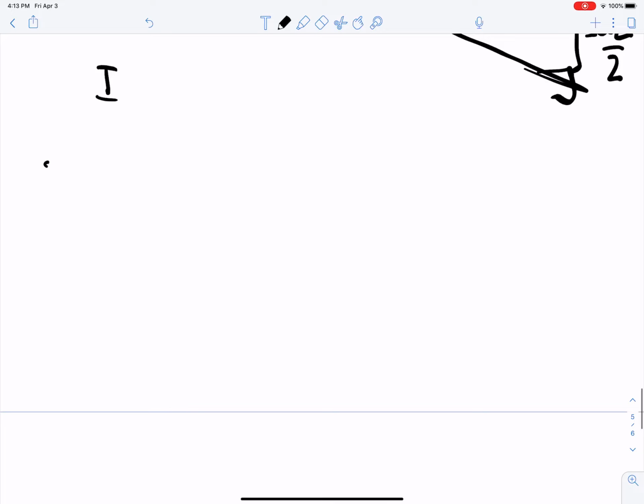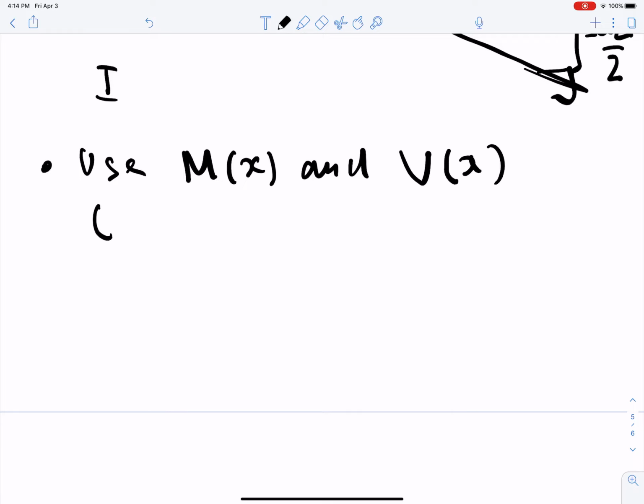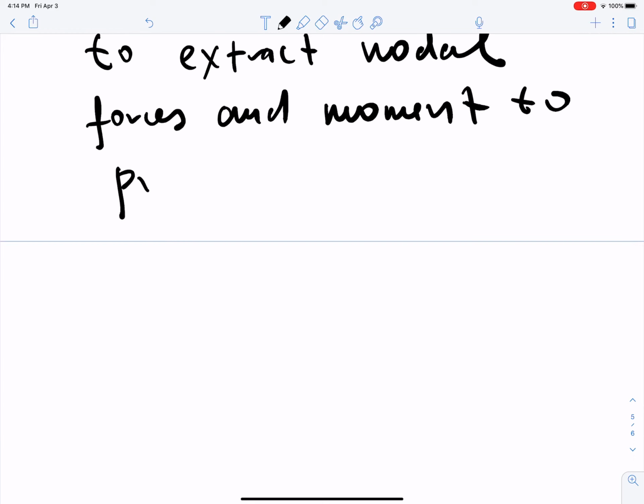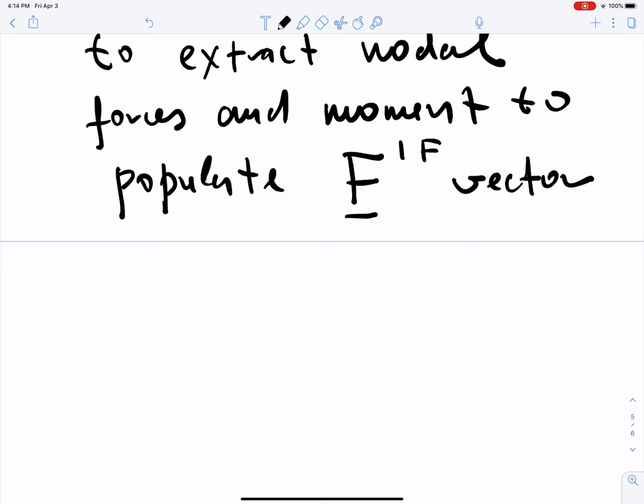And so now we use m of x and v of x to extract nodal forces and moments to populate the f prime f vector directly.